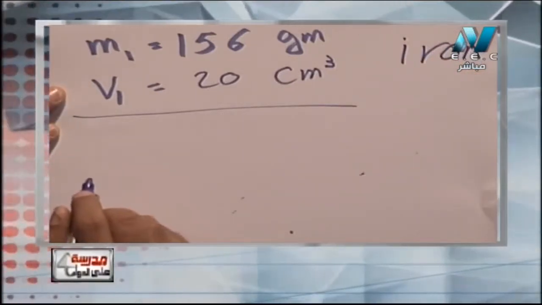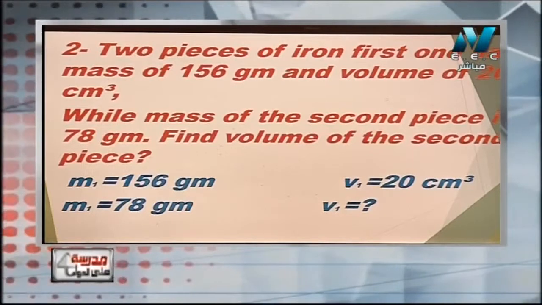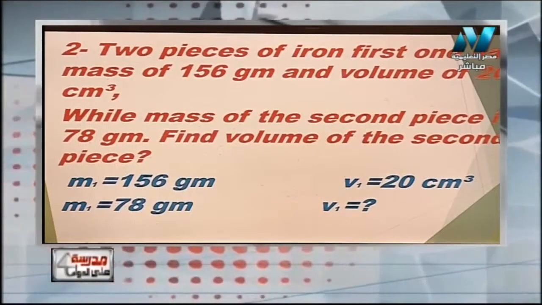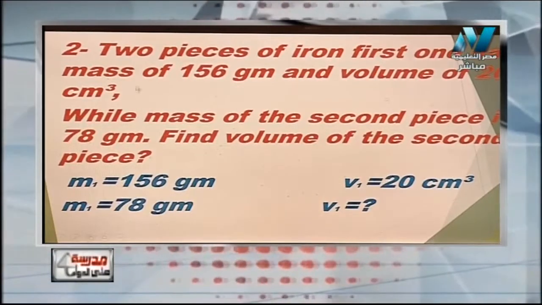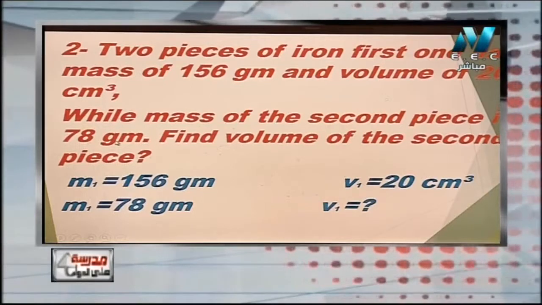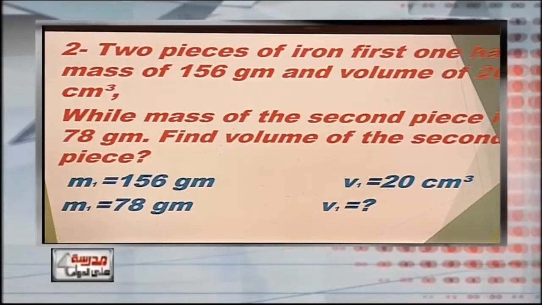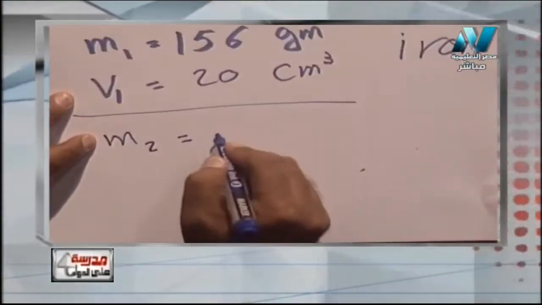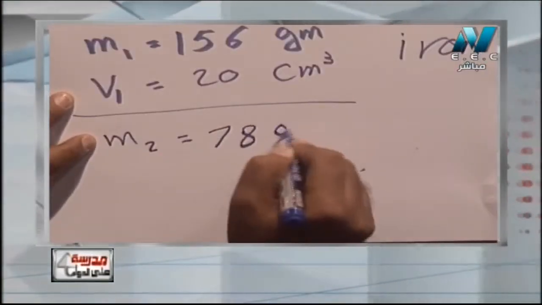But he said the mass of the second piece is 78 gram. So I now have mass 2, the mass of the second piece of iron. Mass 2 equals 78 gram.